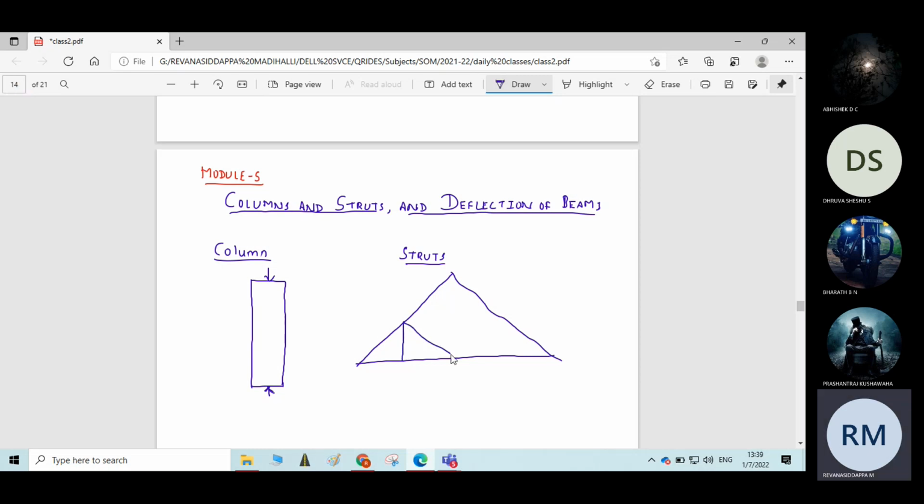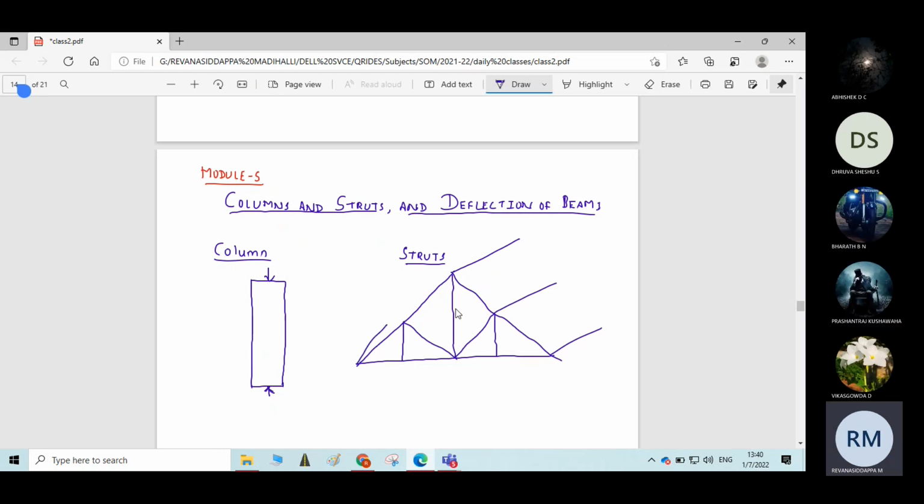Like this you can see a steel truss. If you go to warehouses, you can see this kind of truss provided for the roof of the building, correct?